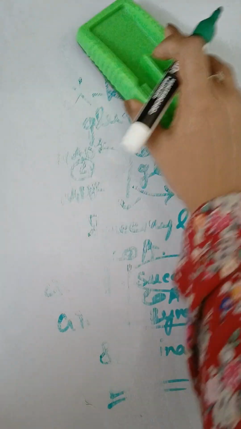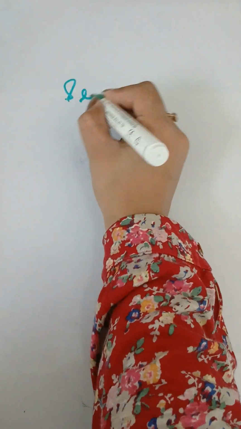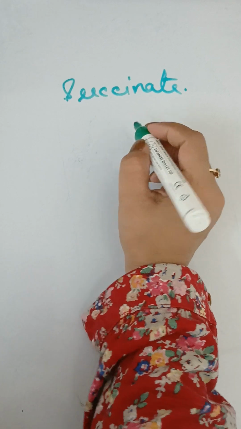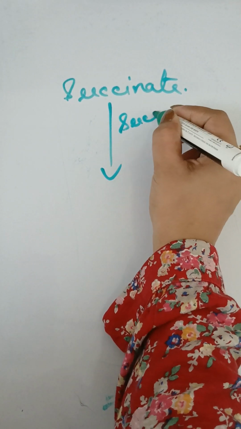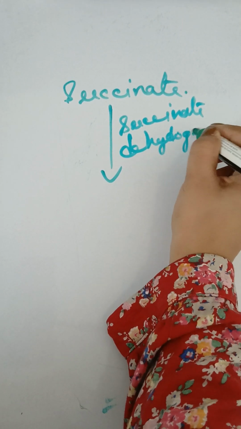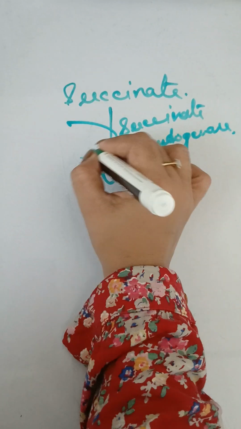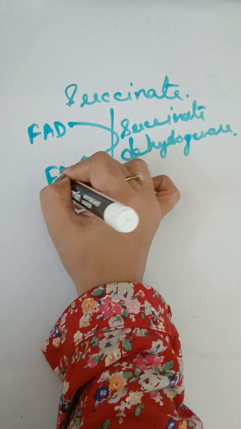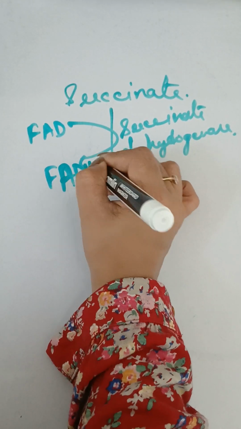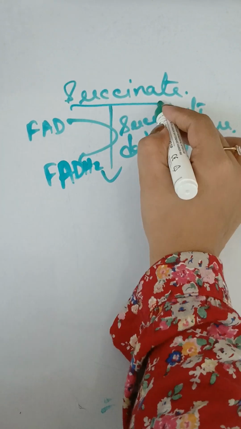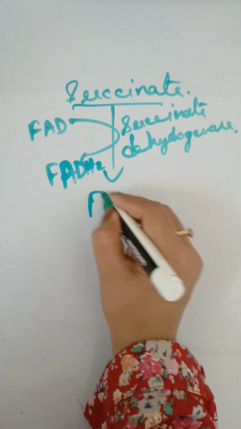After succinate is produced, what is reaction 6? From succinate, with the help of succinate dehydrogenase, again a dehydrogenase enzyme, 1 FAD will be reduced to FADH2. And from succinate, what is going to be produced?